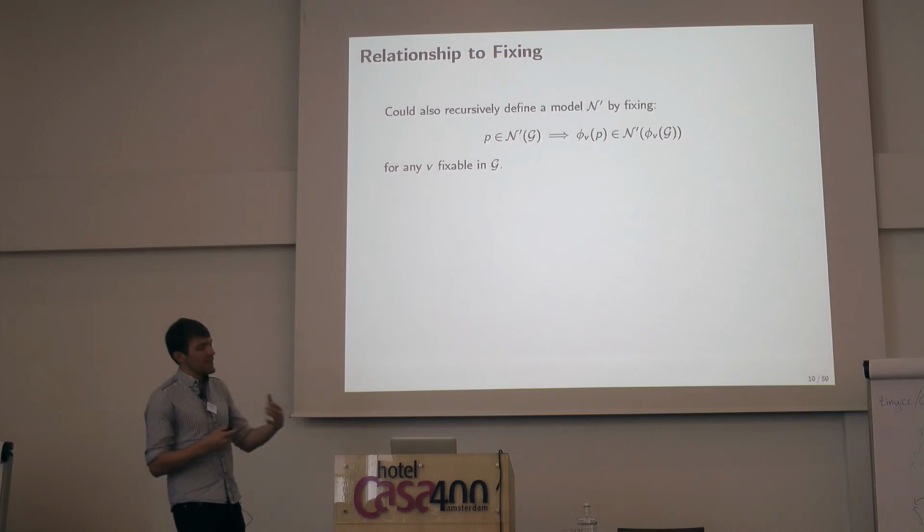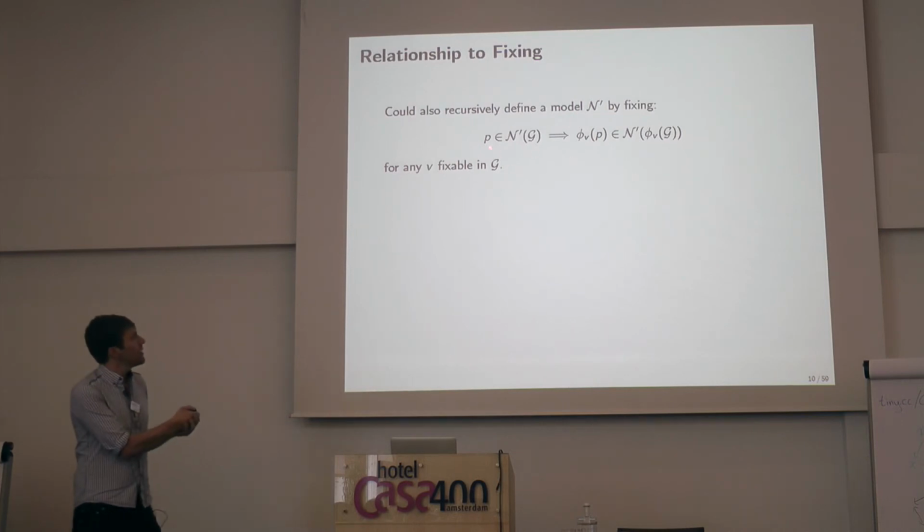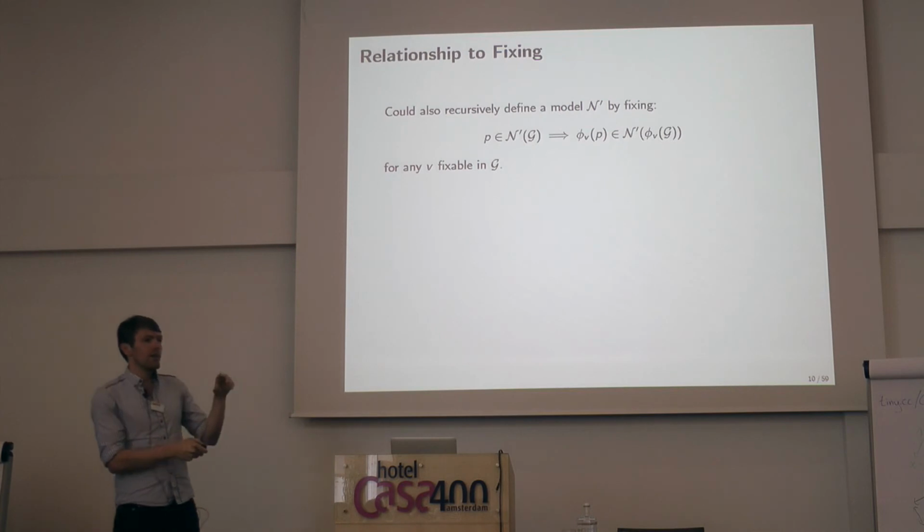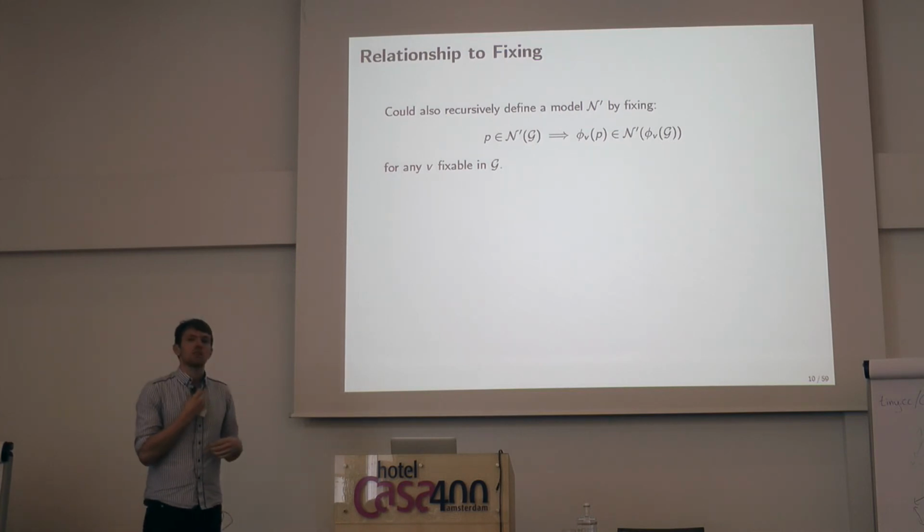So suppose instead I define a model by saying, well, a distribution P is in my model for this graph if whenever I fix V for some fixable vertex V, the distribution I get is in the model.